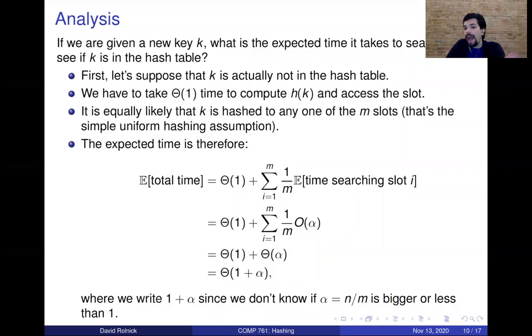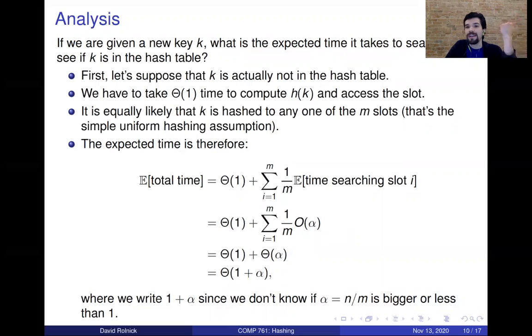But if you have a reasonable load factor, then it's fine. But you do have to deal with the situation of having multiple things that hash to the same thing. There's no free lunch here.